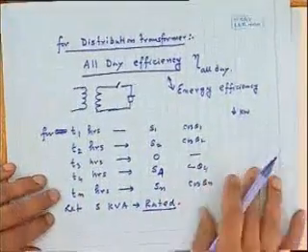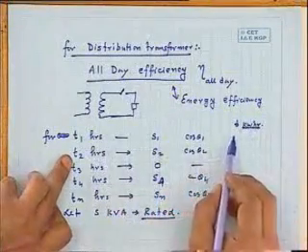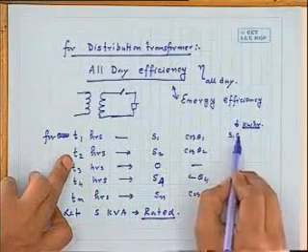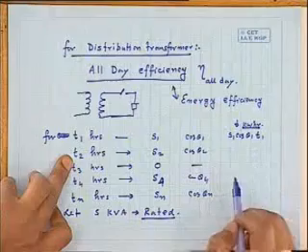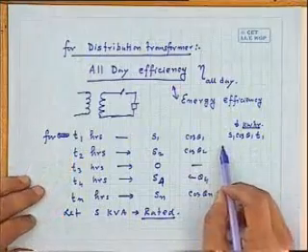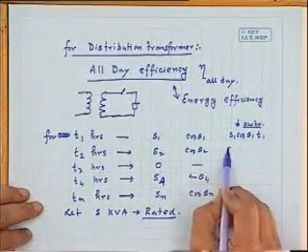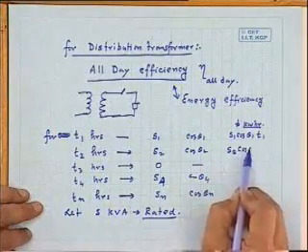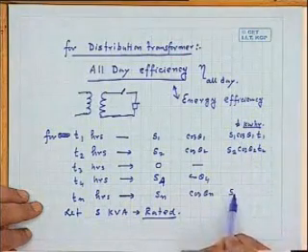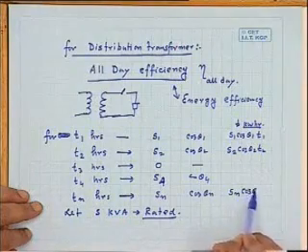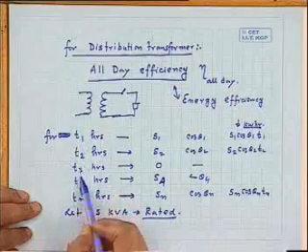Tell me, what is the kilowatt hour output? If you make a column, the kilowatt hour output in the first T1 hours will be S1 cosine theta 1 into T1. Remember, S1 is in kVA. Similarly, this will be S2 cosine theta 2 T2, and like this Sn cosine theta n Tn.